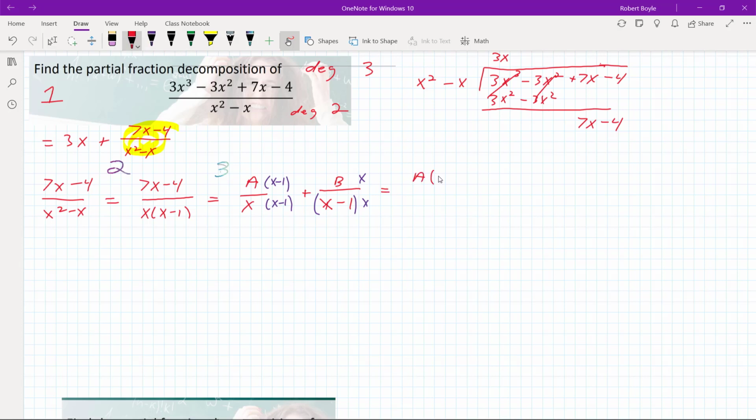a times the quantity x minus 1 plus bx, all over x times x minus 1. So notice that the denominators are the same. I can multiply both sides of the equation by x times x minus 1.